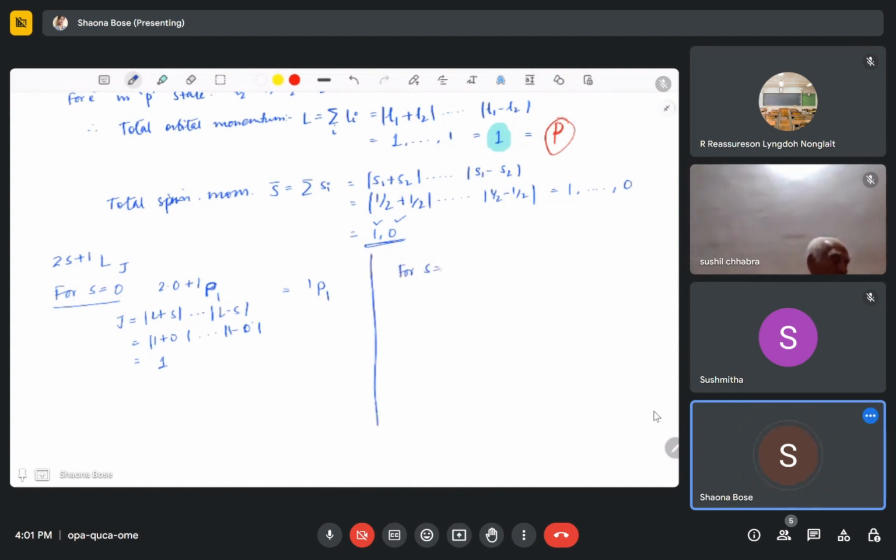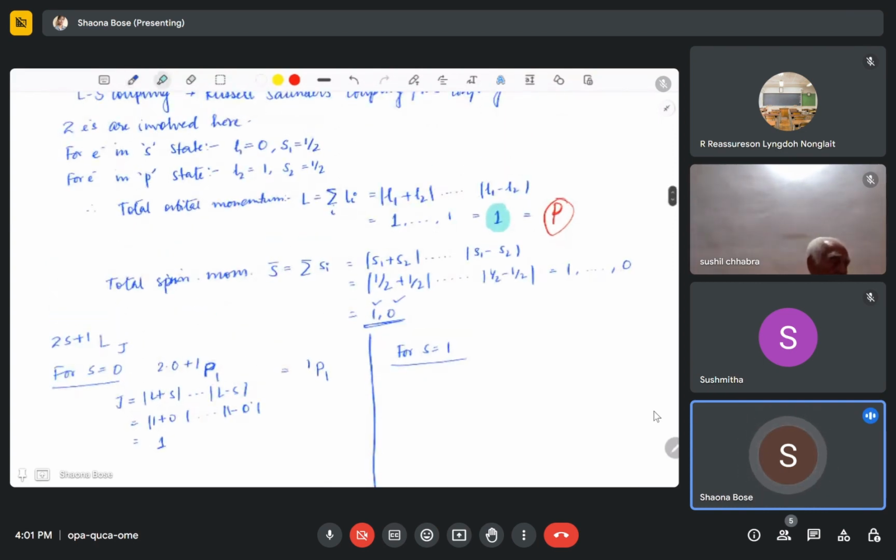Now for S equal to 1, because our other value of S was 1. So what will be 2S plus 1? That is fixed.